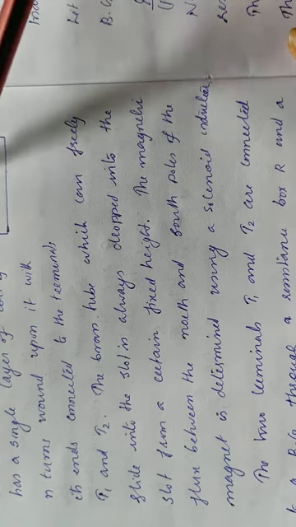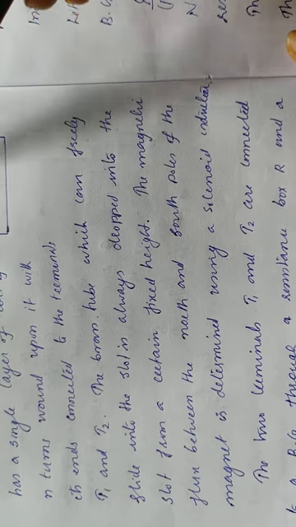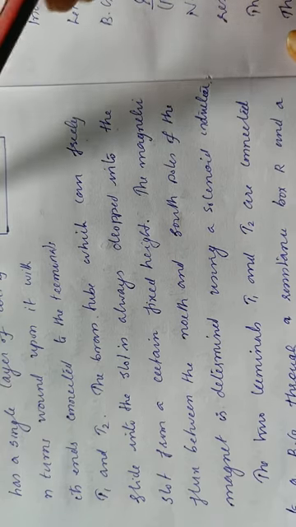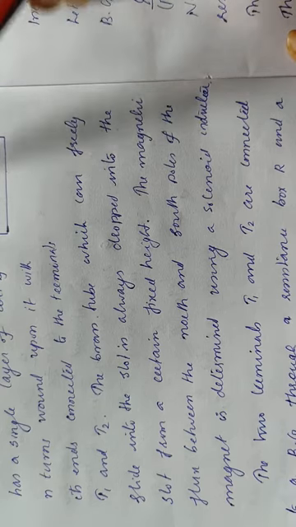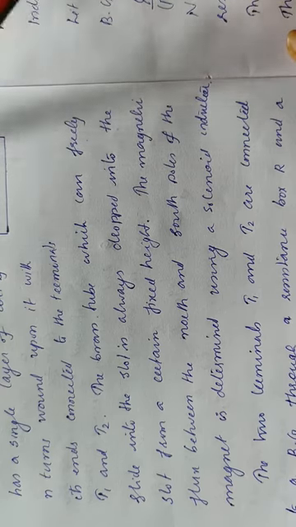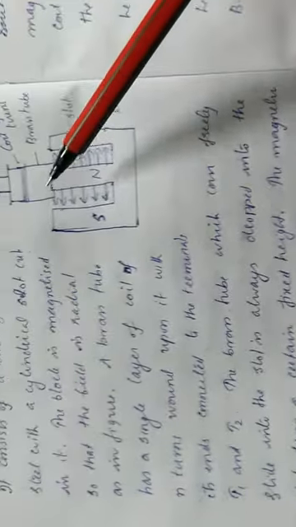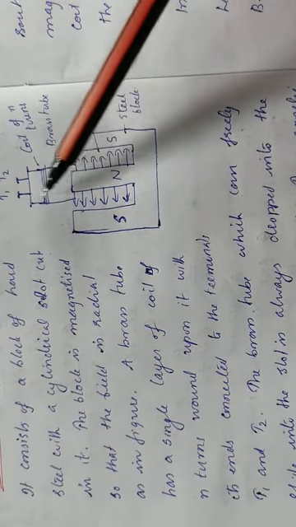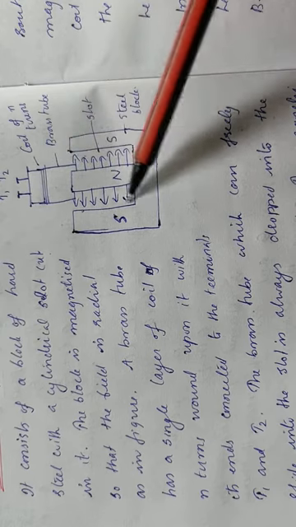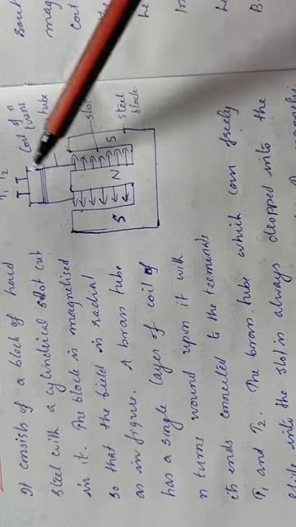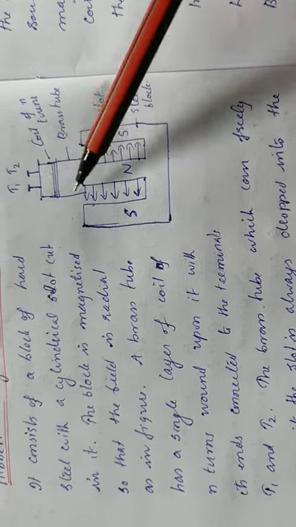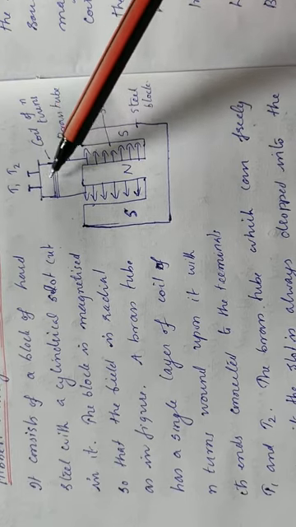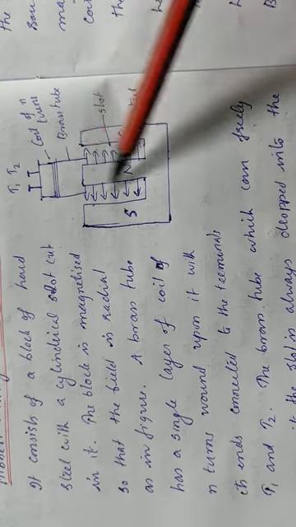Here there is a magnetic field which is radial in direction, and this is a brass tube on which N number of coils are wound. So we can drop this cylindrical brass tube inside this slot. So we are dropping this brass tube from a height into this slot.